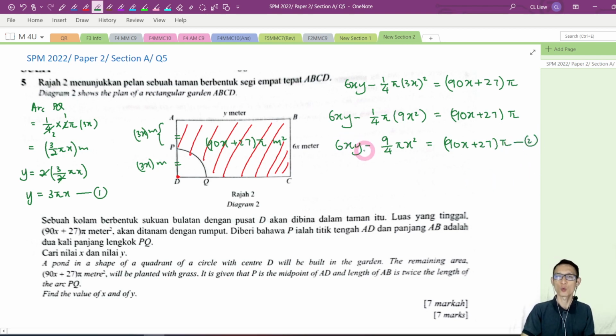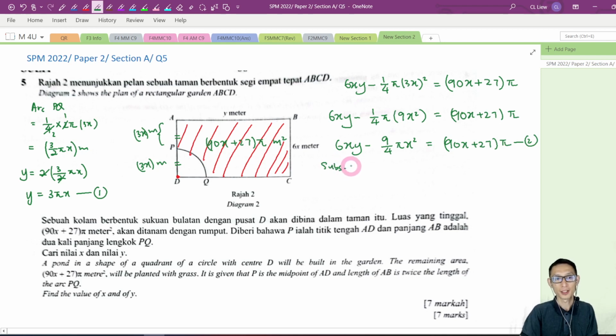So now I have two unknowns here. Remember, be careful, pi is not an unknown. The unknowns here are x and y. I don't want to see two unknowns existing at the same time. I want to change all to become x or all to become y. So since I know that y is equal to 3 pi x, I'm going to bring the 3 pi x over here, so replace the y by 3 pi x.